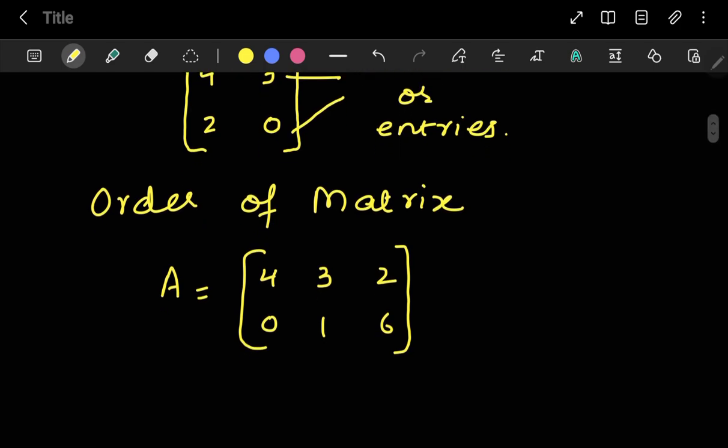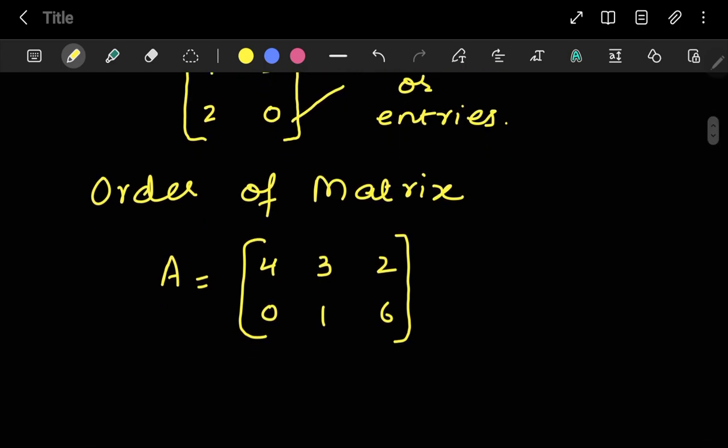So what is the order of the matrix? The order of a matrix is how the numbers inside the matrix are arranged. This is called the order of the matrix.